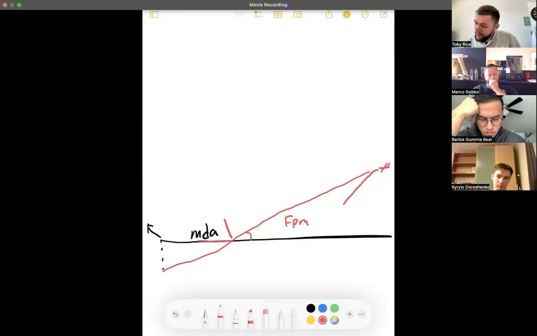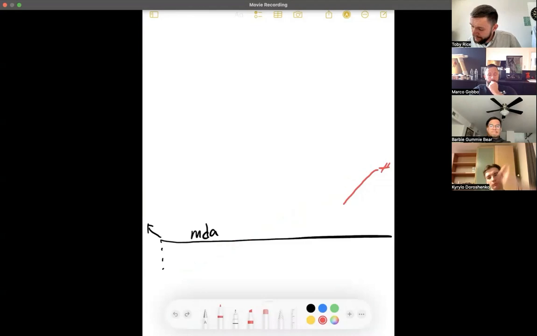Right here would be your VDP. But besides that, I would suggest we descend down to our MDA and we would level off at our MDA.